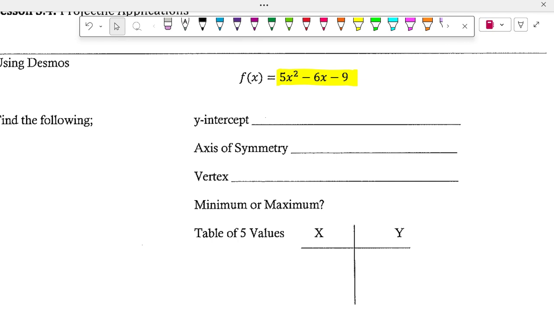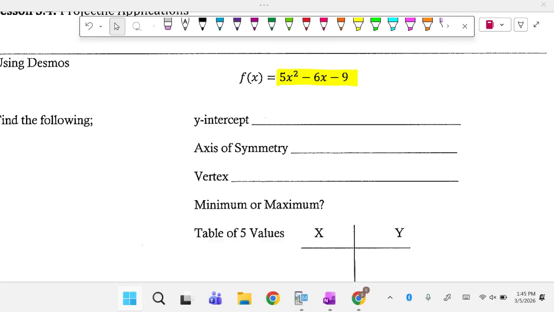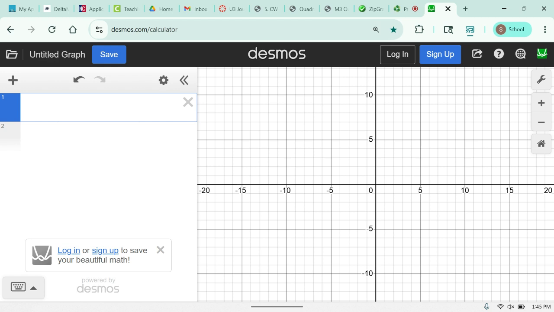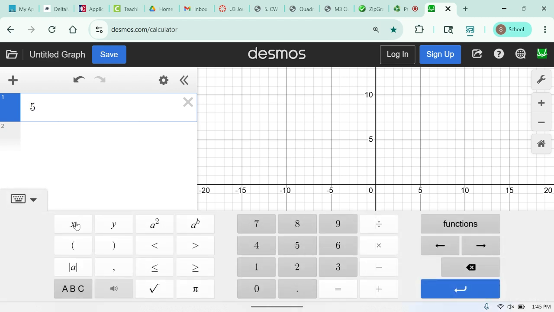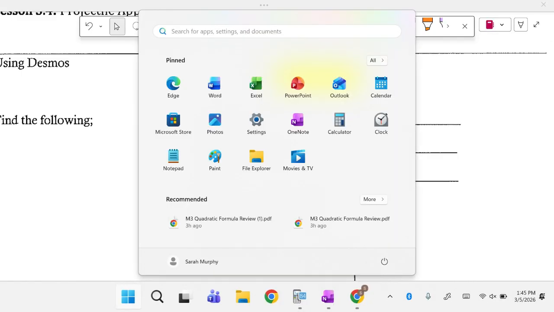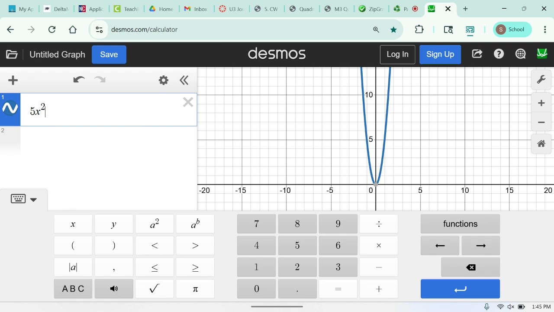So Desmos, and you're finding the key features of what's currently on the board. Those are all the ones I want you to find. Y-intercept is when it crosses the y-axis, yes.